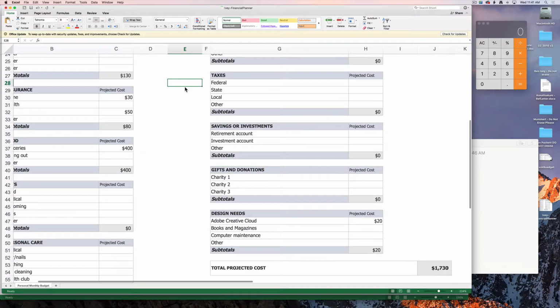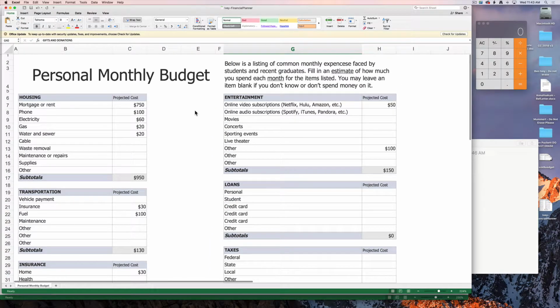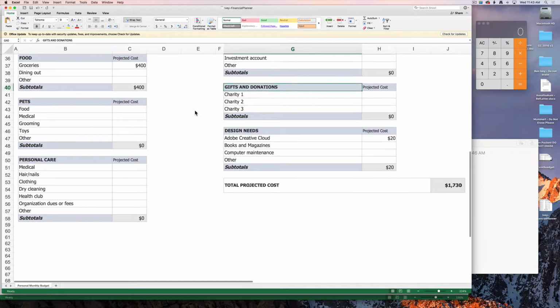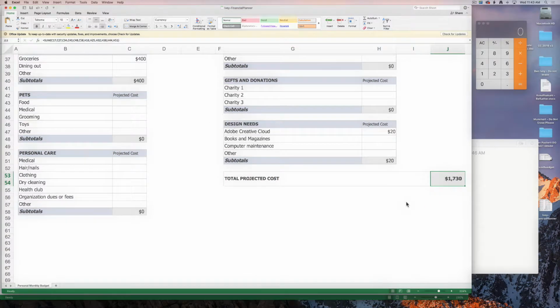The last thing to note is I want you to leave the taxes, savings, and donations blank for now. Later on in this process, we're going to estimate the cost of your taxes and savings and growth. So, take a few minutes and fill this out. Once you're finished, you should have a total projected cost for one single month.